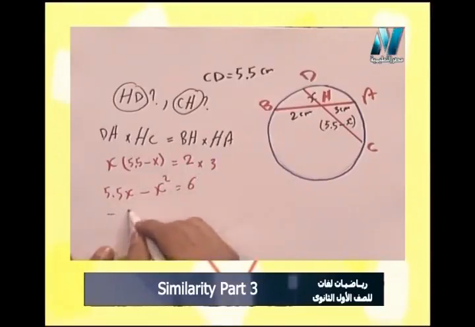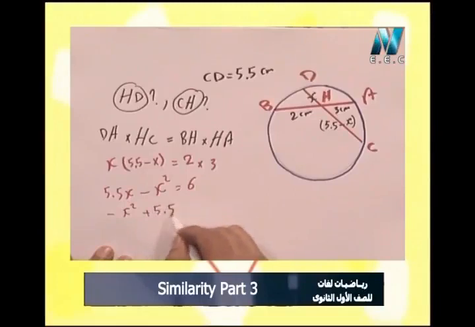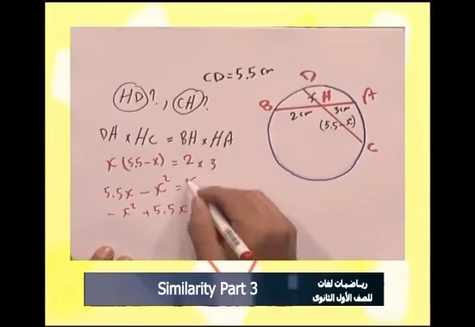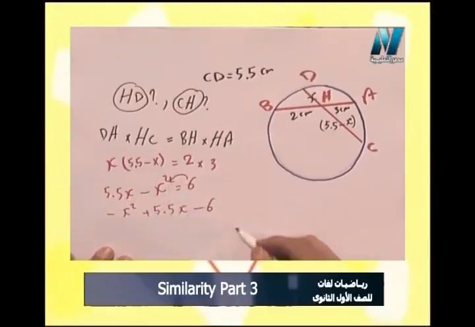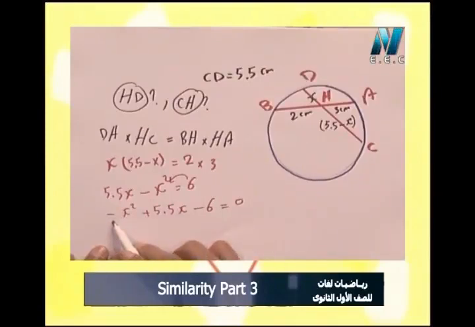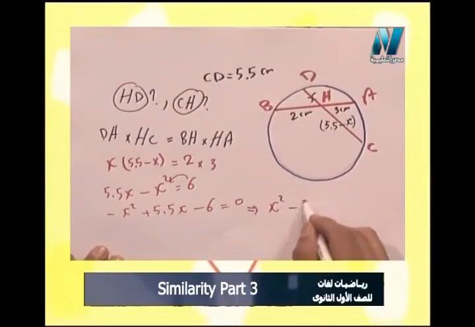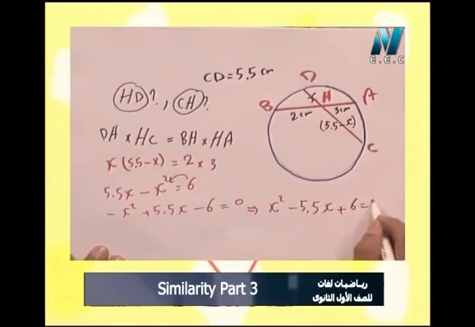Here we can put negative x power 2 plus 5.5x minus 6. When we transfer the 6, it will be negative, equal to 0. And multiply all of them by negative, because it is not acceptable for x power 2 to be negative. So it will be x power 2 minus 5.5x plus 6 equals 0.